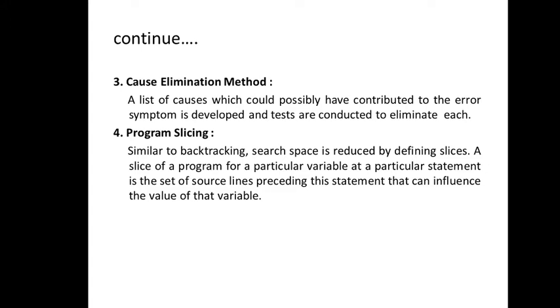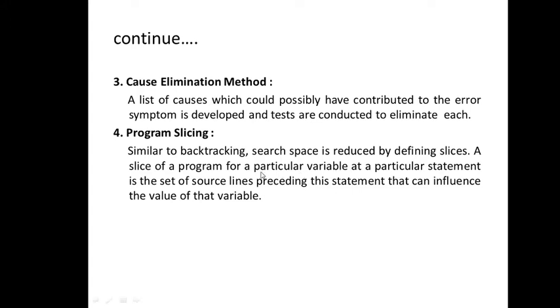So instead of backtracking the entire source lines, I have sliced it. Slice means a subsection of the program is created with the help of these influencing variables, right? So you can see it is similar to backtracking. Search space is reduced by defining slices. So one slice for the A variable, another slice could be for the B variable, a third slice could be for the C variable.